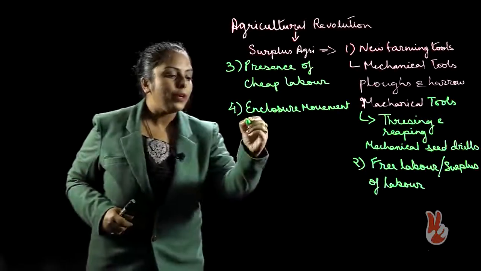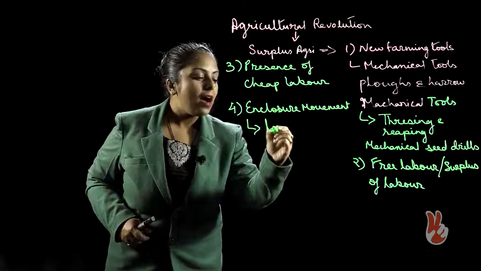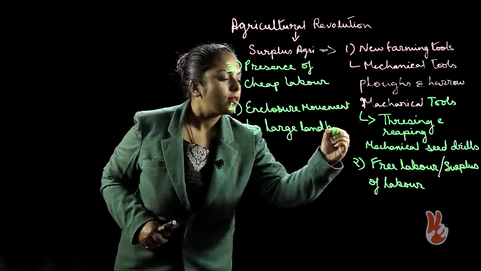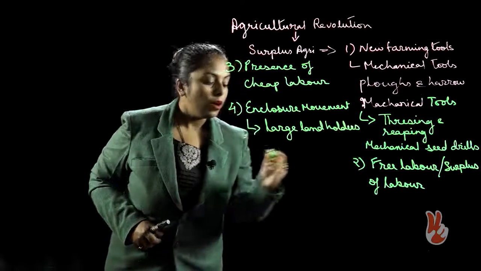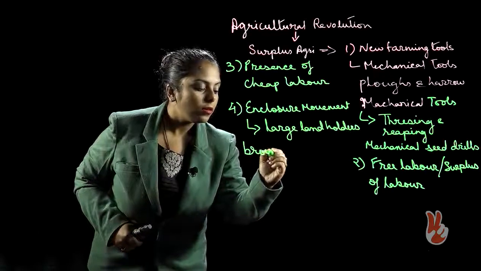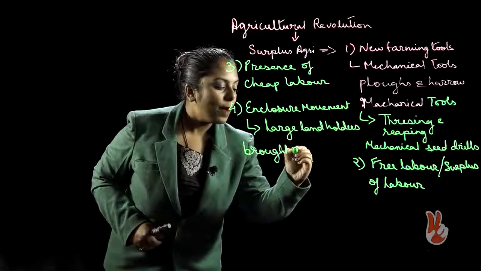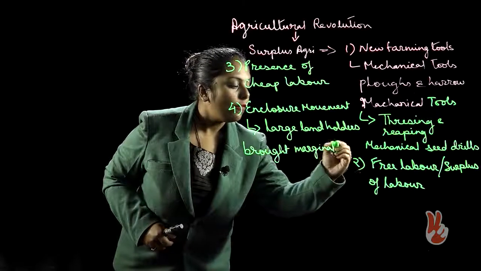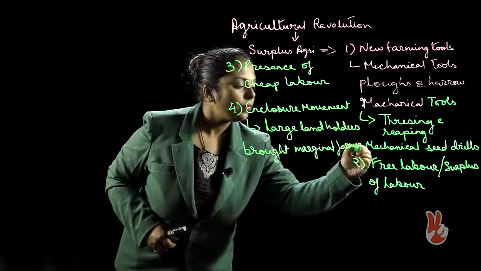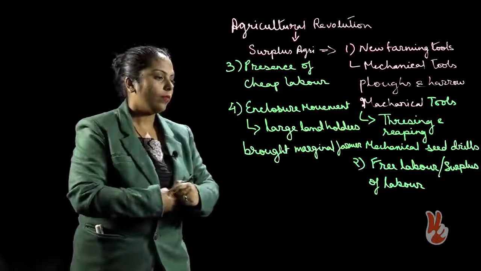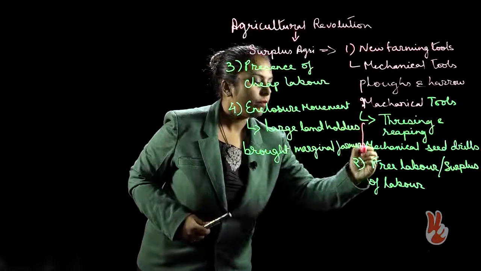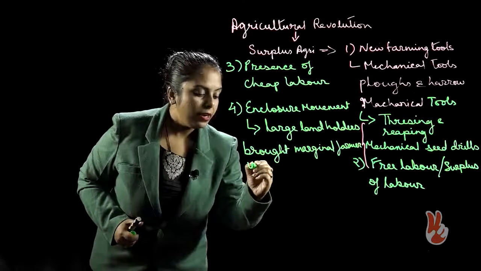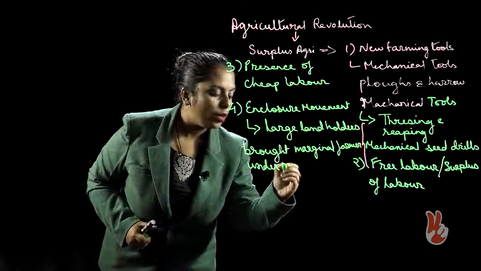So what happened during this time? Large landholders brought marginal farmers under one land holding.